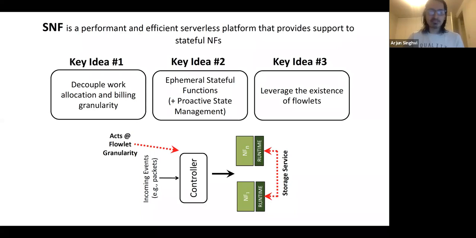I didn't go into the details here, but in the paper we have a lightweight fault tolerance mechanism where the high level idea is that we replicate the state before actually letting the packet out of our system, so that in case of a function failure, we can read it from there and continue processing it.